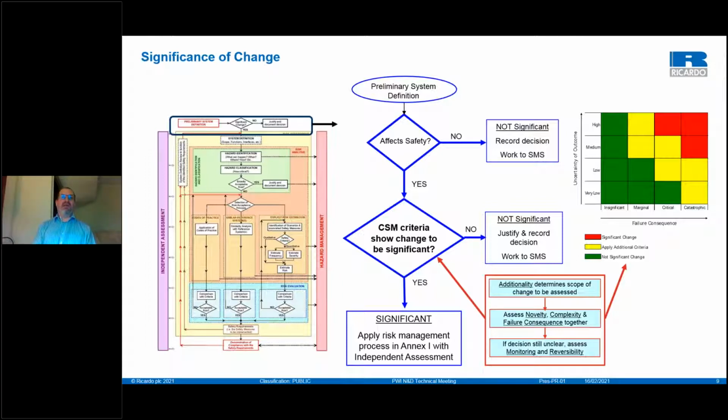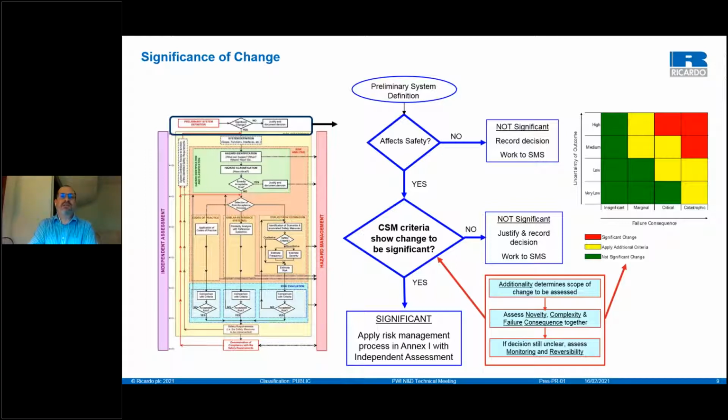Additionality being the concept where your change might actually be undertaken combined with a number of other changes. So your change might not be significant in itself, but with everything else going on, you need to be looking at the whole change that's taking place, by all of the aggregated changes together, and that might actually be significant.